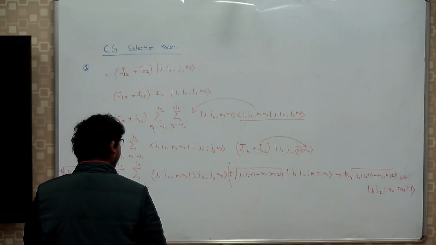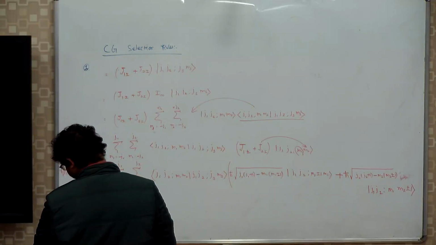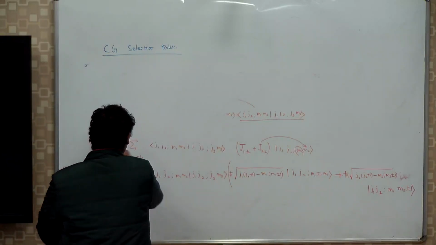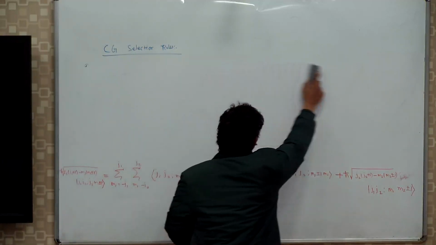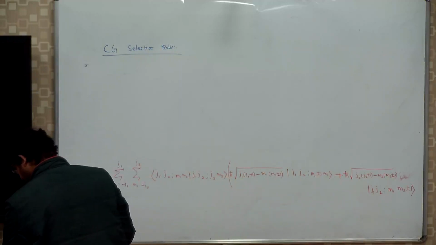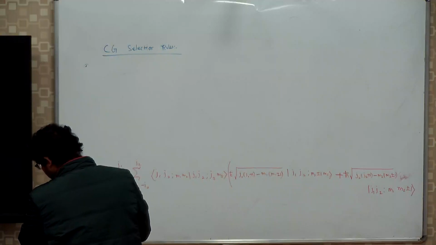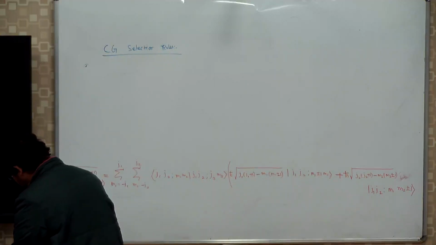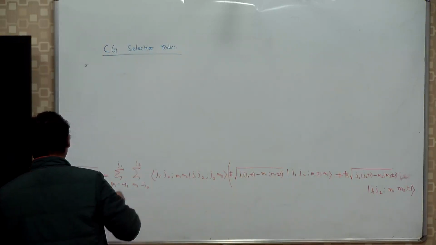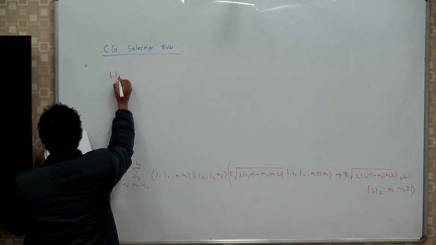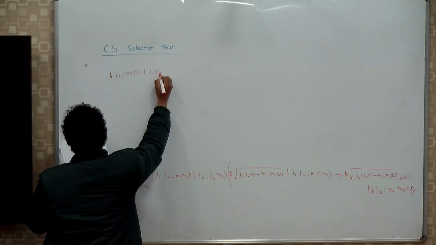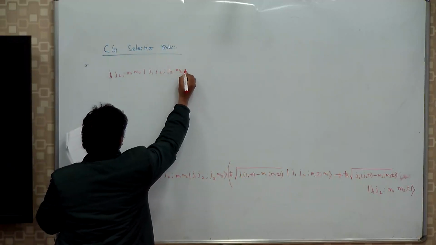If we are taking the inner product with the uncoupled bases in this expression, further we take the inner product with this state, so finally we will get the equation j1 j2 m1 m2, j1 j2 j3 m3 plus or minus 1.